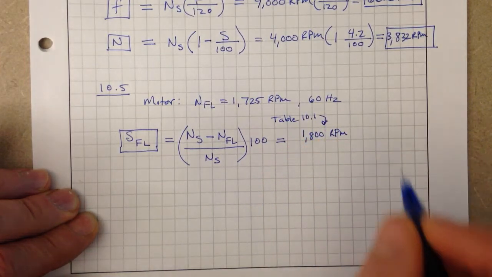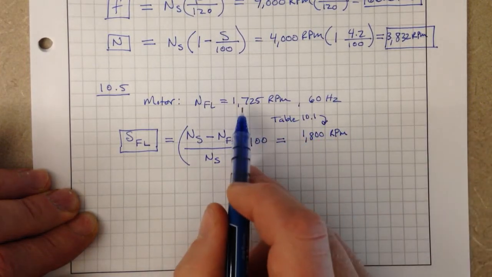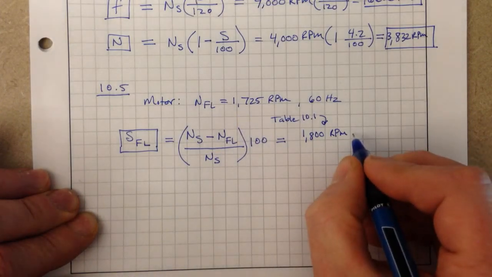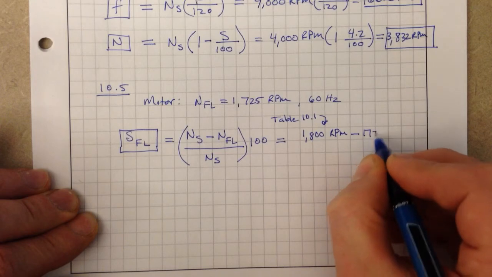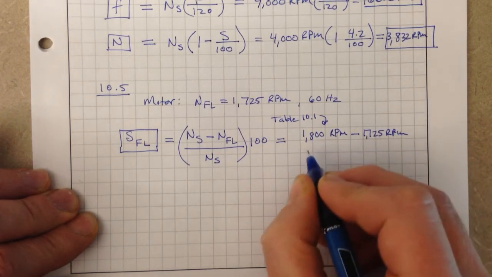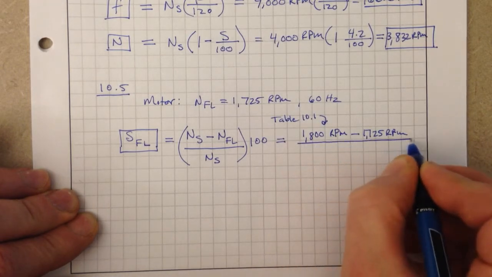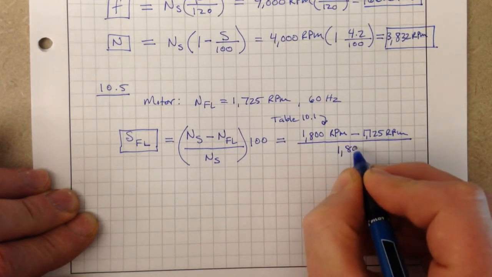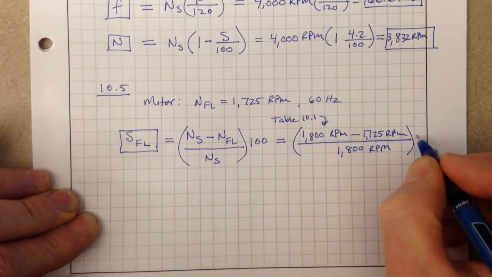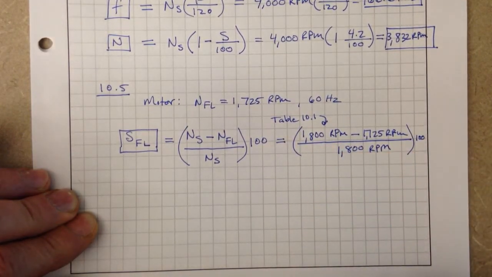We'll find that if we reference the full load speed of 1725. And then we want to subtract our 1725 RPMs. Divide that by our 1800 RPMs. And multiply that by 100.